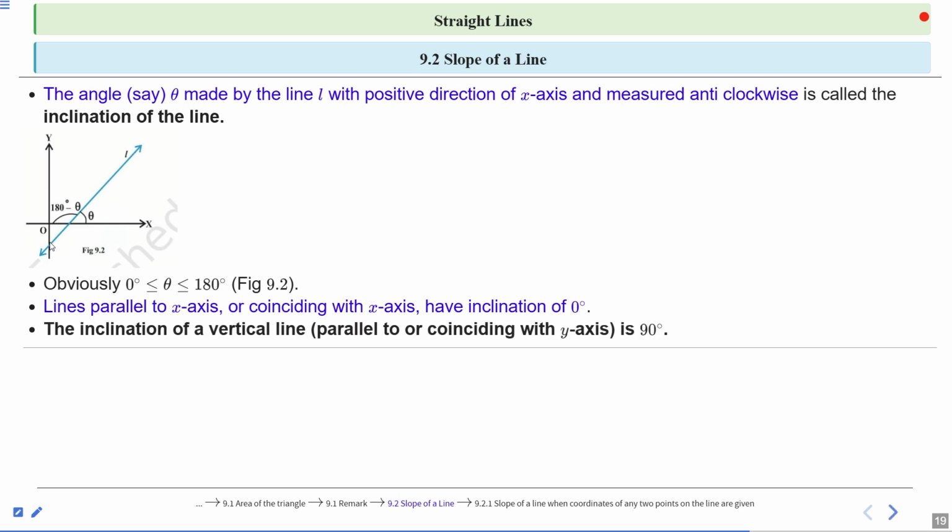The inclination of a vertical line: vertical line means parallel to or coinciding with y-axis, that is perpendicular to the x-axis. So the inclination of a vertical line is always 90 degree. Note this point.